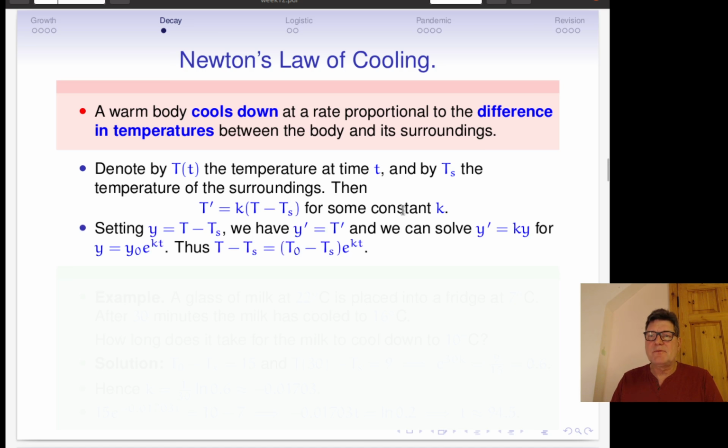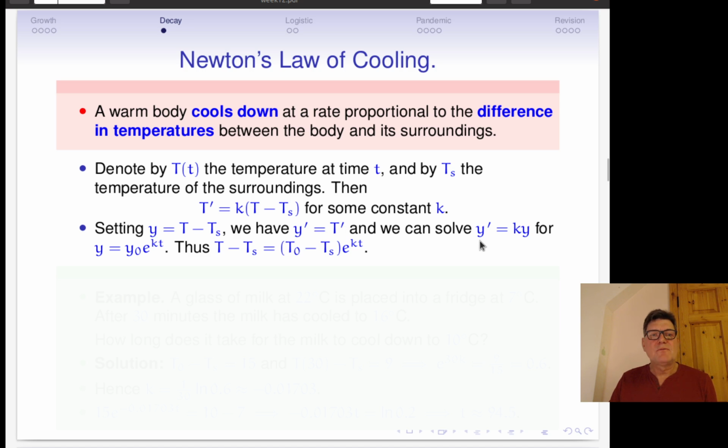To simplify things, we substitute variables and set y equal to the difference, T minus T_S. Then it's still true, because T_S is a constant, that the derivative of y is T prime.